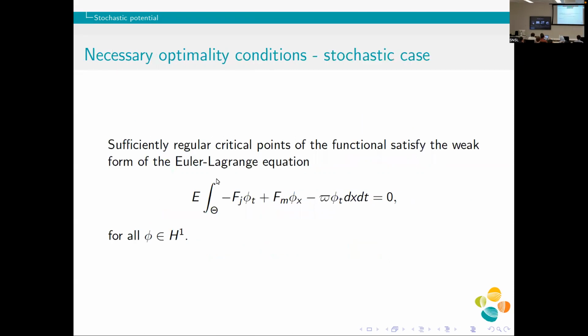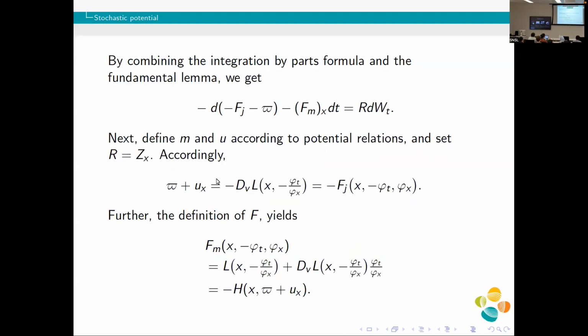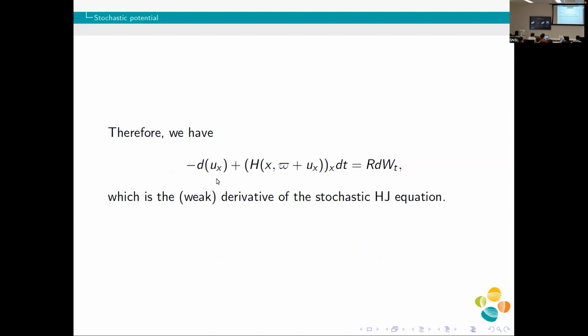And you write down what the Euler-Lagrange equations are, and you try to read what these Euler-Lagrange equations mean in terms of stochastic differentials. And what you conclude is that, in fact, you get a weak derivative of the stochastic Hamilton-Jacobi equation.